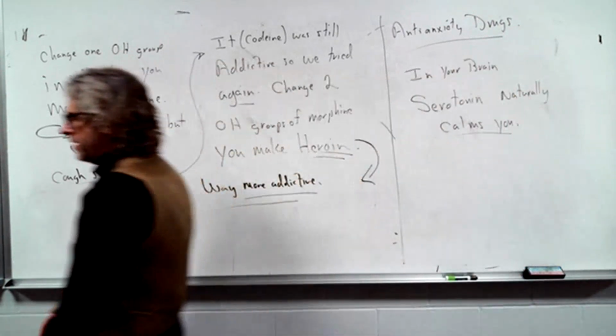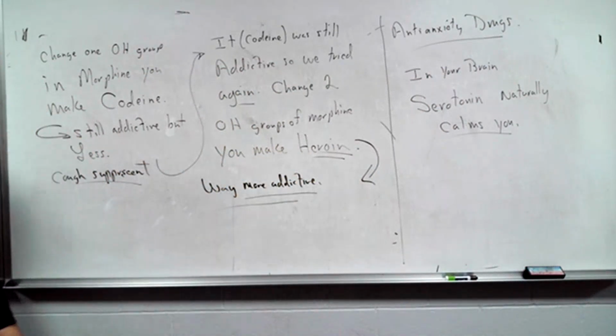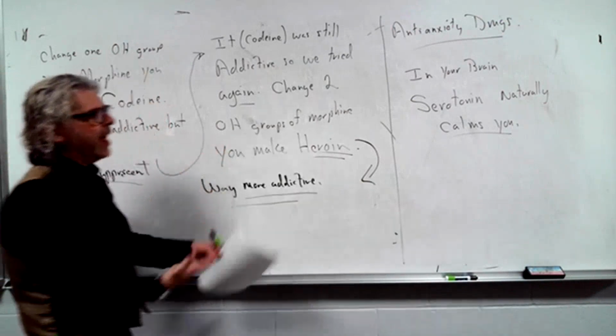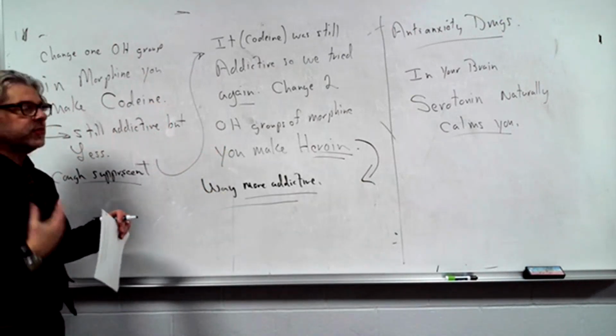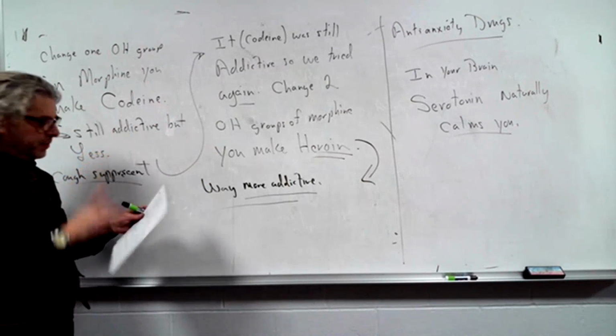Endorphins naturally take away deep pain. It's good to have endorphins. Don't screw up the level. Serotonin naturally calms you. It's good to have serotonin, but don't screw up the level of serotonin.